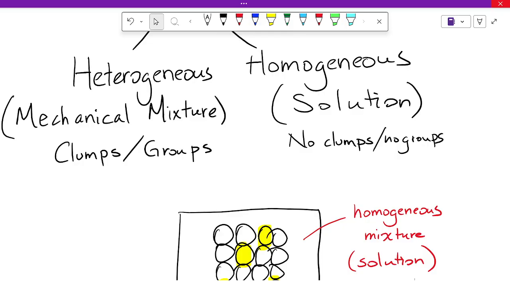It's different elements. It's fine. Why is this really pure?